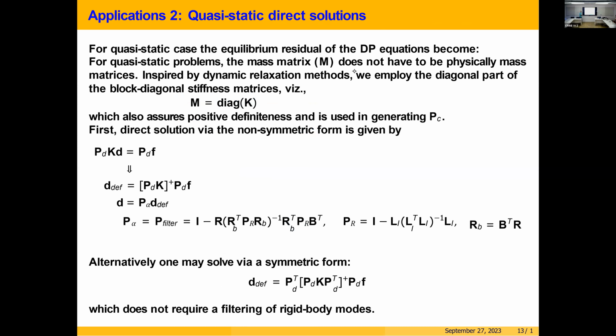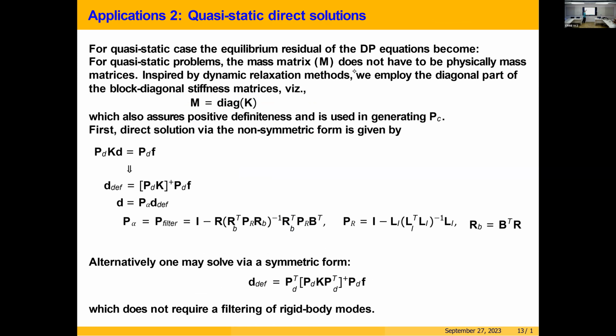The second problem is, even though I'm a dynamicist, I have to accept the fact that in engineering practice, not in aerospace but in civil engineering in particular, 80% of the problems we are dealing with are static or quasi-static.